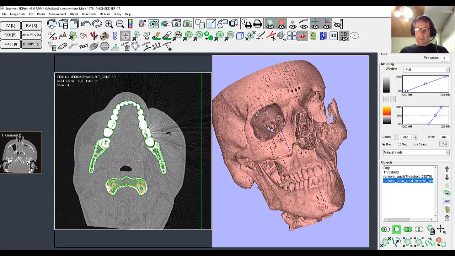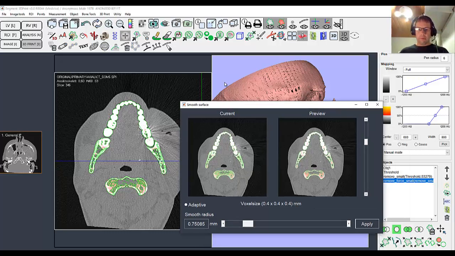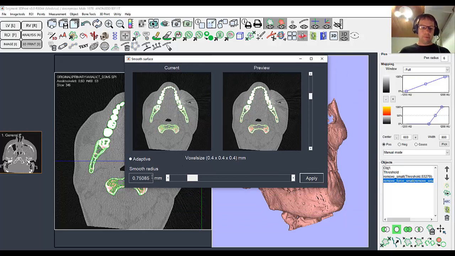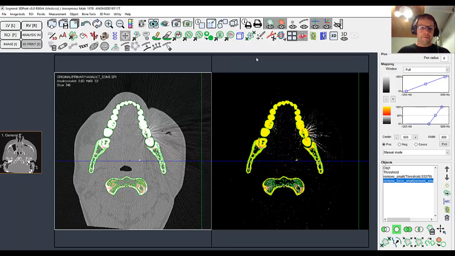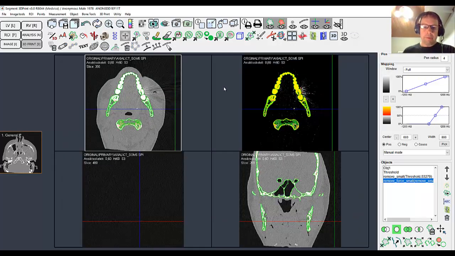Now we can smooth the object. Okay, so maybe, well, before we do that, let me do something else. I would like to fill the bones so you don't have any voids when printing.